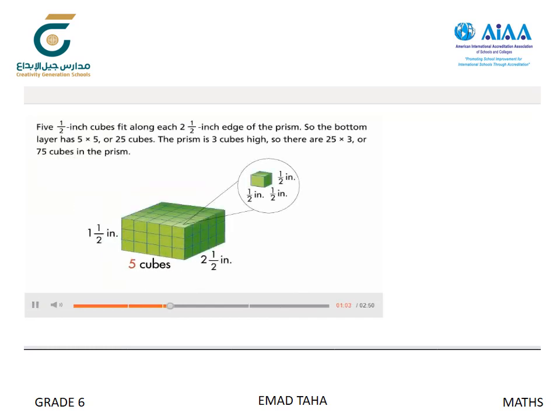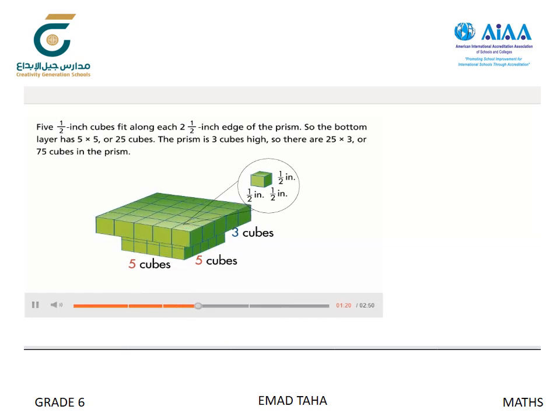Five 1/2-inch cubes fit along each 2 1/2-inch edge of the prism. So the bottom layer has 5 times 5, or 25 cubes. The prism is 3 cubes high, so there are 25 times 3, or 75 cubes in the prism.